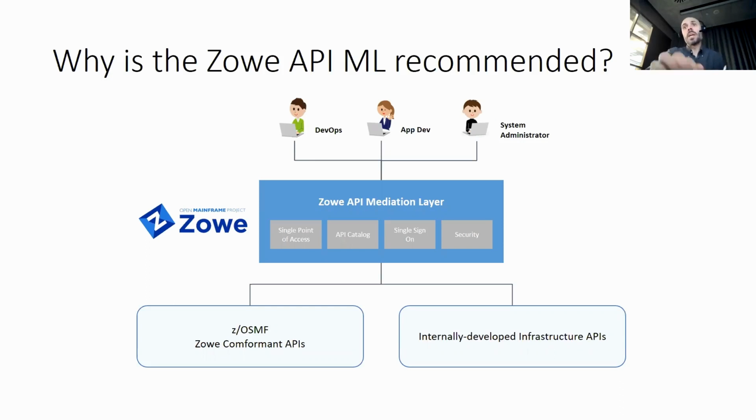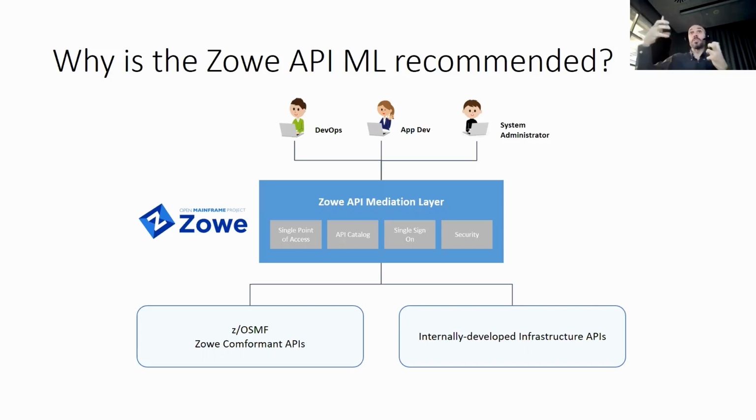So the mediation layer is not just geared towards exploiting the available Zowe conformant APIs that are built by Broadcom, IBM, and other vendors, but it can also be used to mediate your own internally developed infrastructure APIs. So these can be onboarded to the mediation layer.